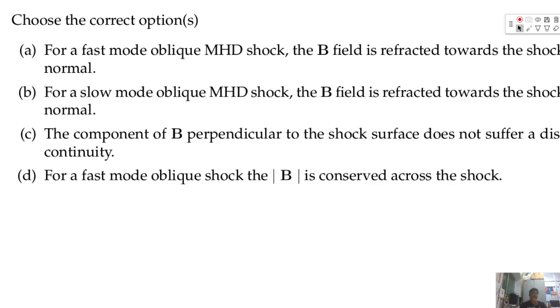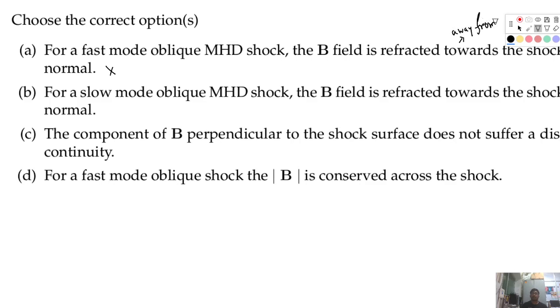So for a fast mode oblique MHD shock, what happens is the B field is refracted away from the shock normal. Okay, so the first one is not correct. It is not towards, it is away, right? Away from.